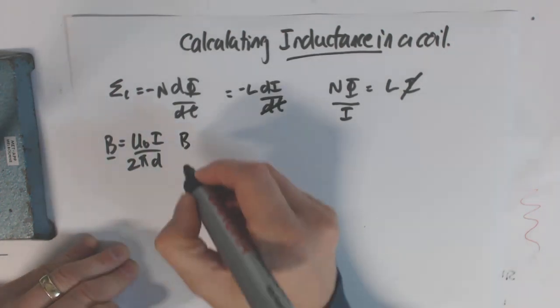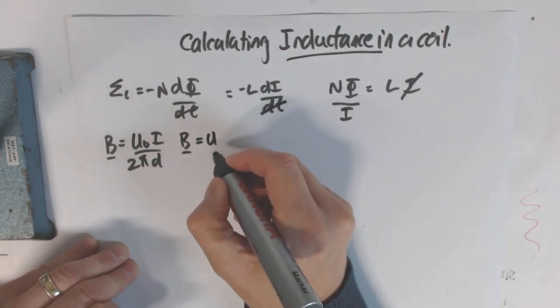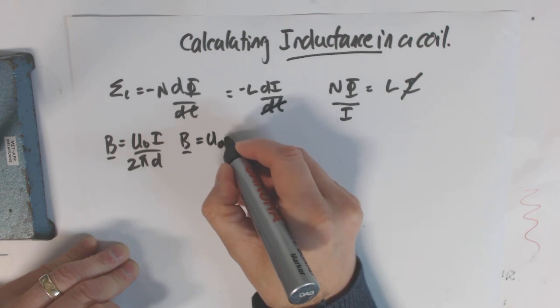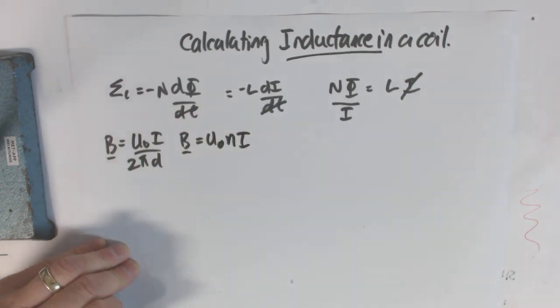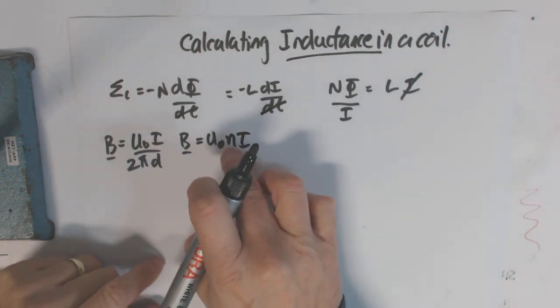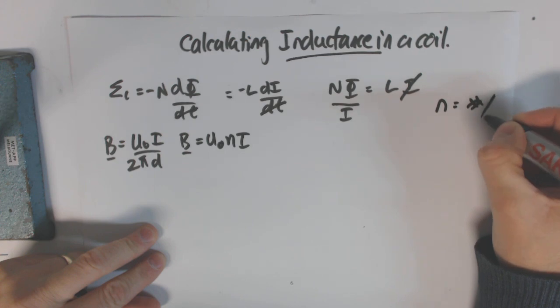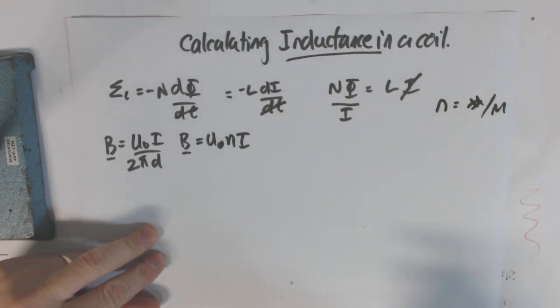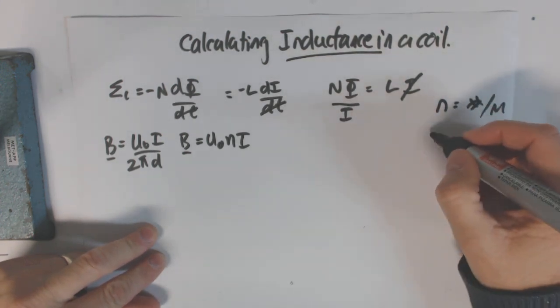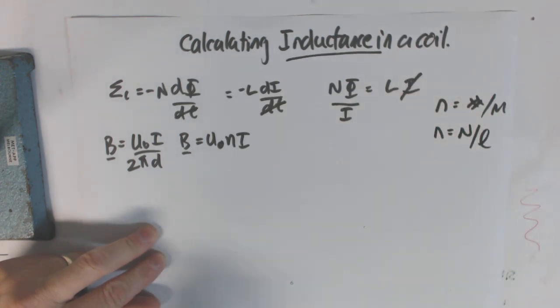It's actually a simpler formula, which is that the magnetic field in a solenoid, electrical coil, is that. It gives you the strength of the magnetic field. Now the little n is number of turns per meter. So we could use that. So little n, we could say, is actually equal to big N divided by L, length.